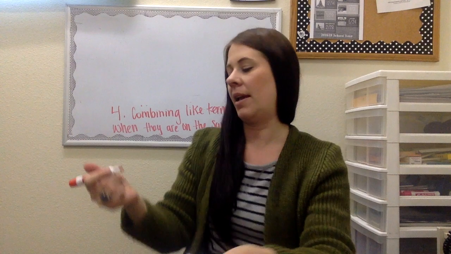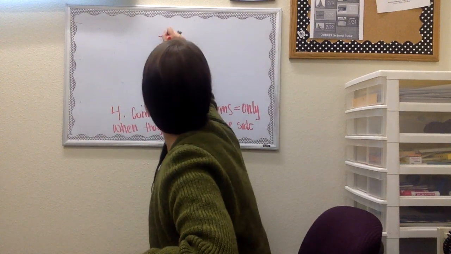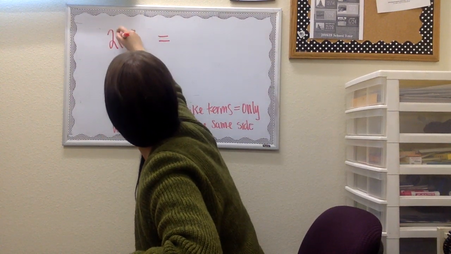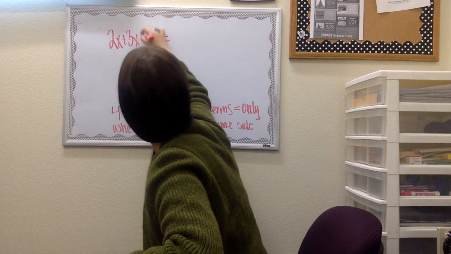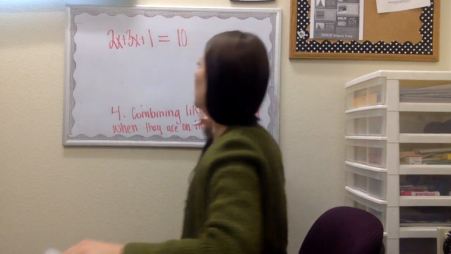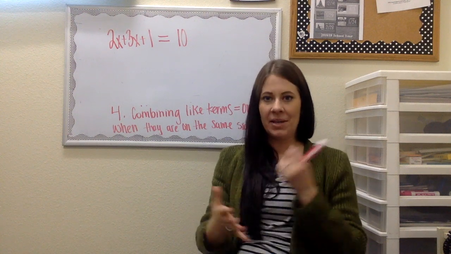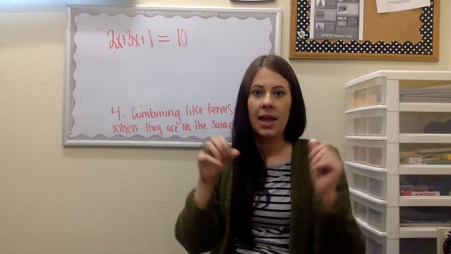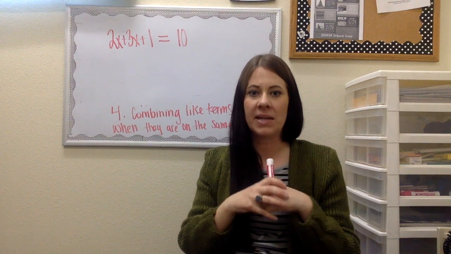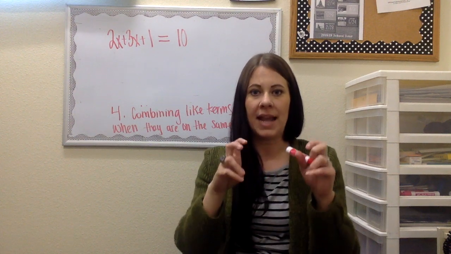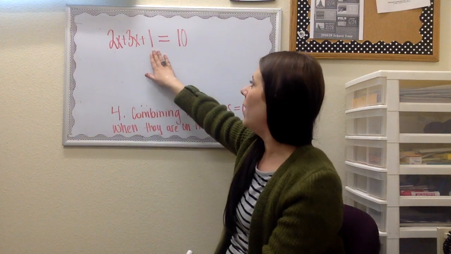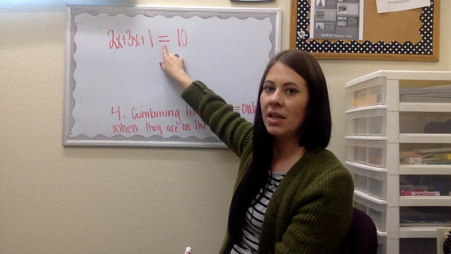So this is combining like terms. Maybe on one side of the equals, I have 2x plus 3x plus 1 equals 10. Okay, so I know that 1 and 10, because they're both numbers, they're like. And I know that 2x and 3x, because they're both x's, they're like. But 1 and 10 are on 2 different sides of the equals.